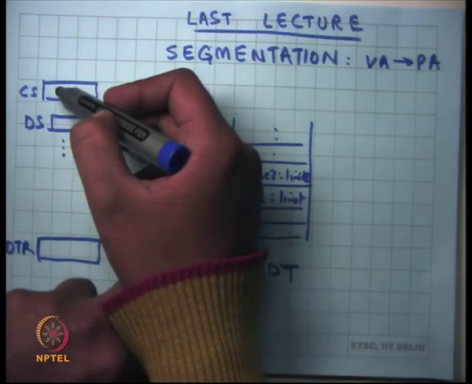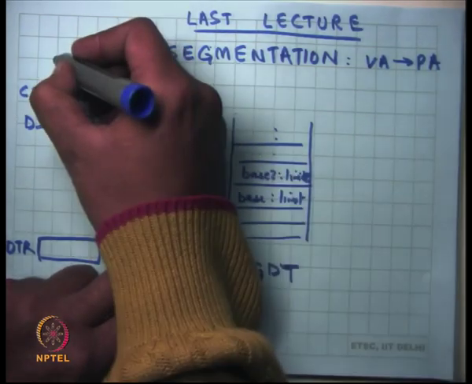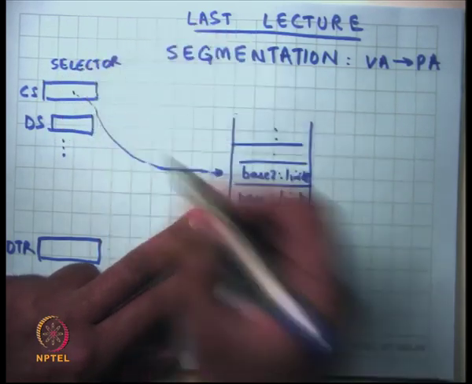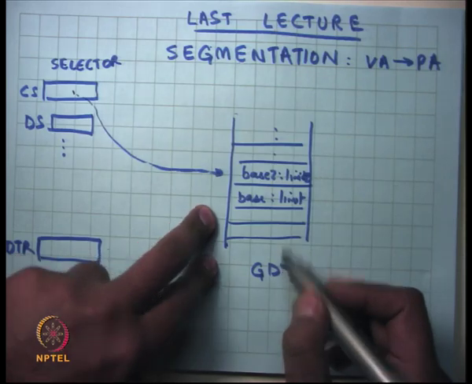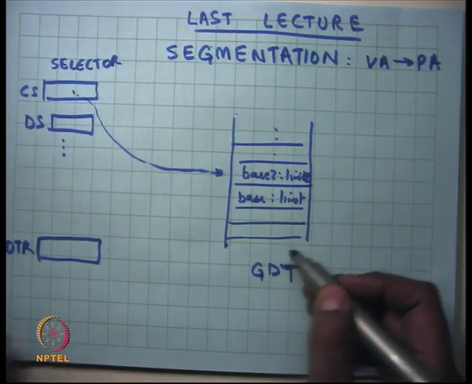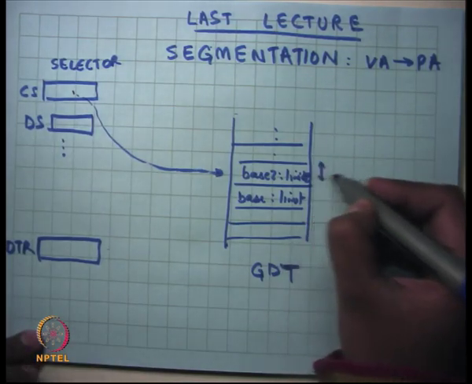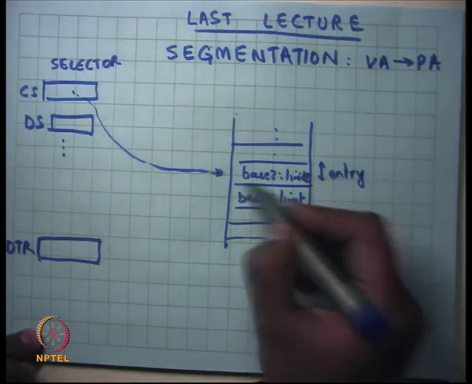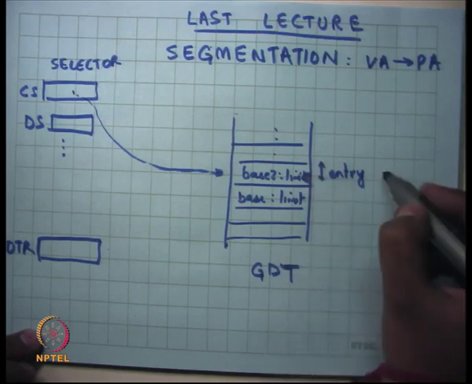It will add the value of the segment selector, so these are called segment selectors, to the base in the GDTR, times whatever the size of the entry is. So this is one entry of the GDT, right, to get the appropriate segment descriptor.